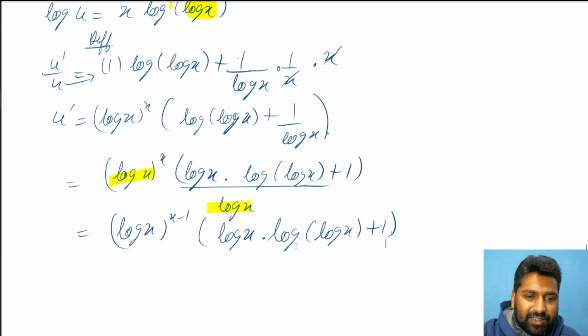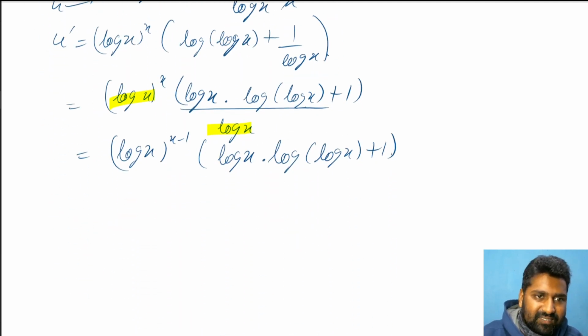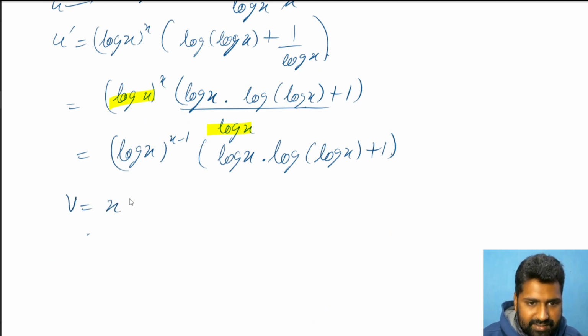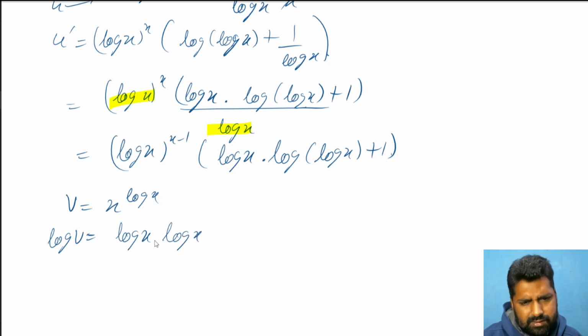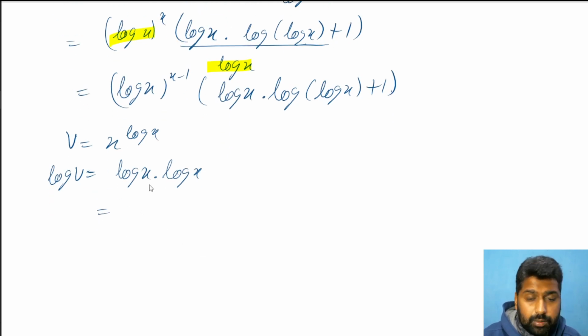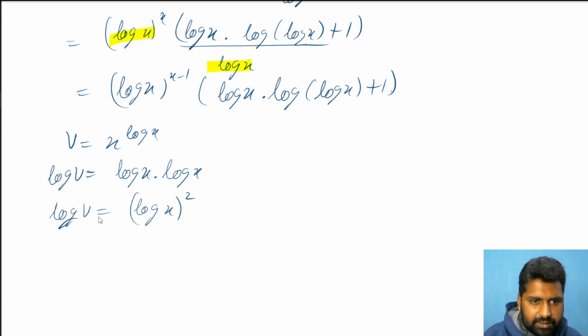v is x raised to power log x, so let's start. v is equal to x raised to power log x. I'll do it quickly. log v is equal to, the power will come down, log x into log x. Interesting. What we can do is write this as log x whole square, or if you want you can use uv also, your call. I'm going to do it with this method. So v dash by v is equal to the differentiation of this. Consider the thing inside as z.